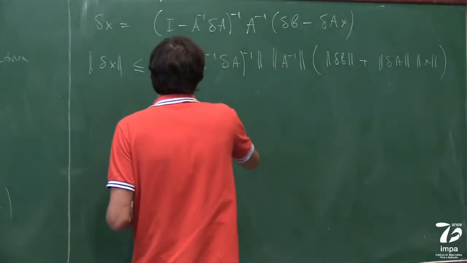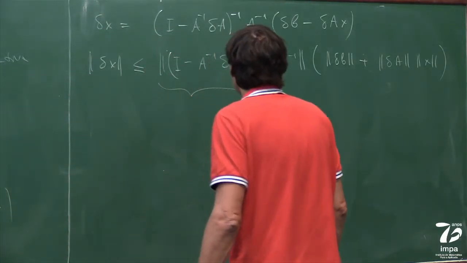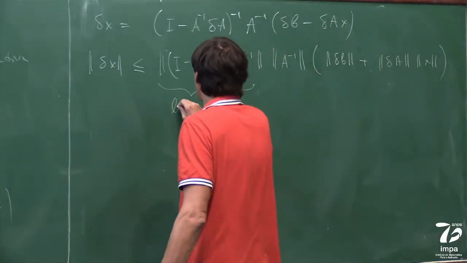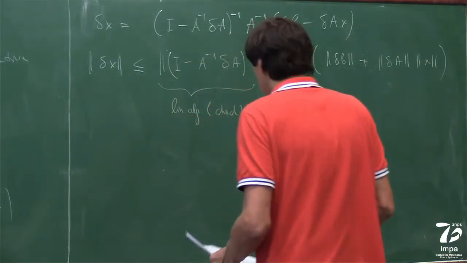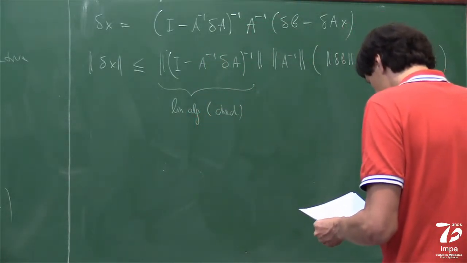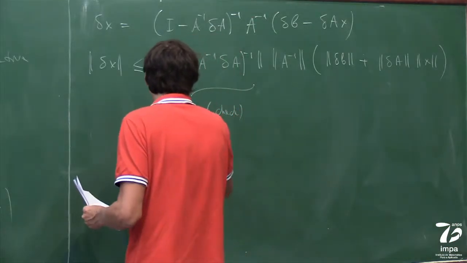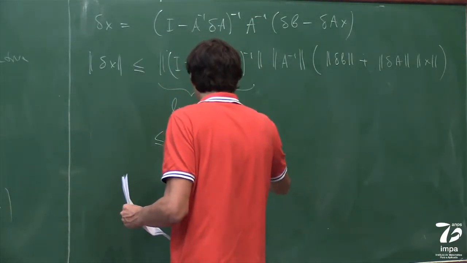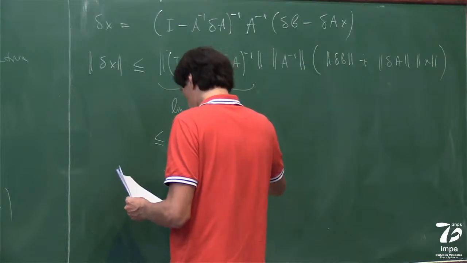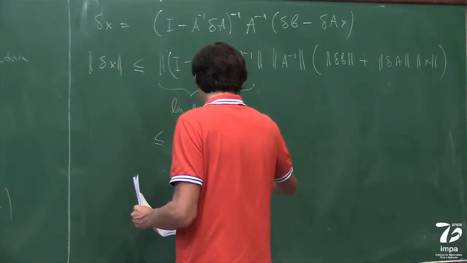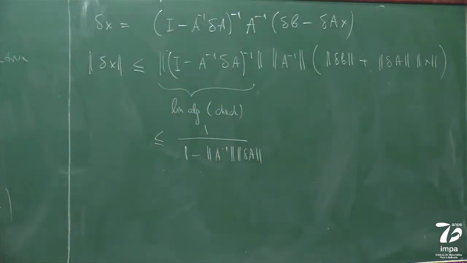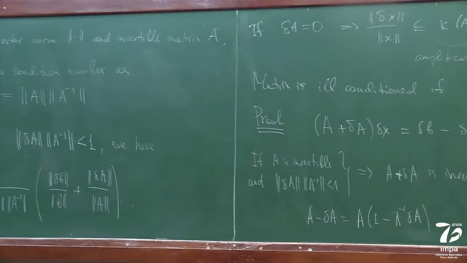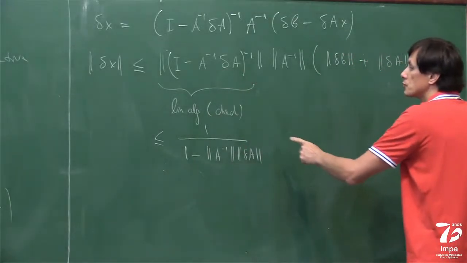And then we use from linear algebra, so check that this is smaller or equal than 1 over 1 minus norm of A inverse times norm of delta A. Exactly that, this term. So just some exercise of linear algebra can give you this, so check it.